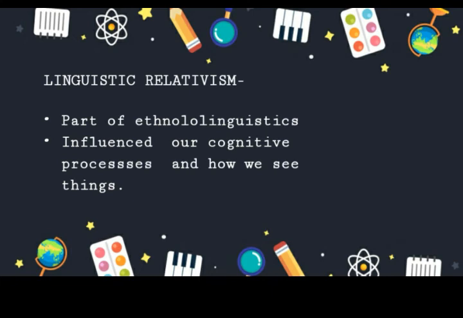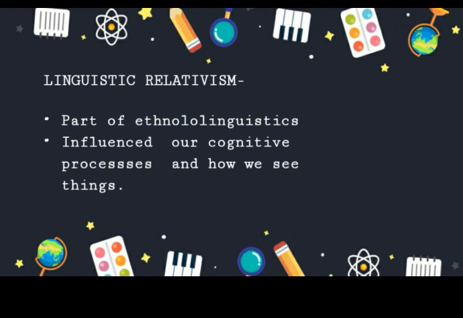Linguistic relativism has two versions, the strong and the weak. The strong version postulates that language decides and determines our thought and cognition, while the weak version pushes the idea that language only influences thought. At present, linguists seem favorable to the weak version, and this fact has influenced many experiments on linguistics.